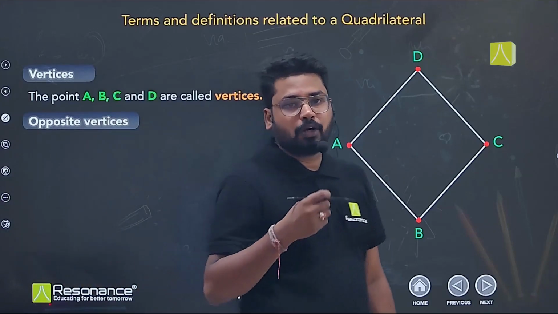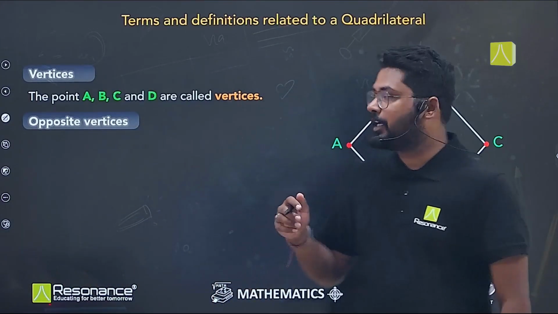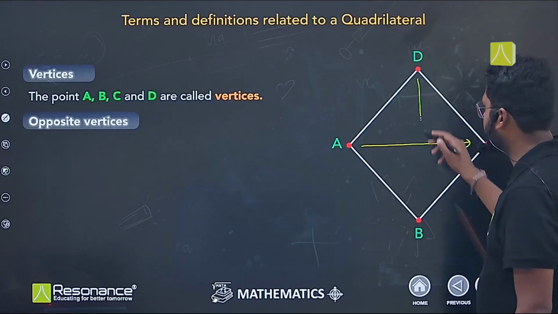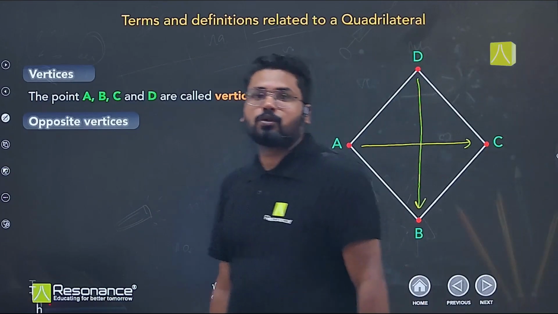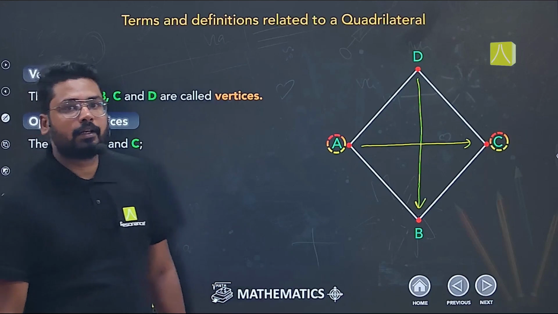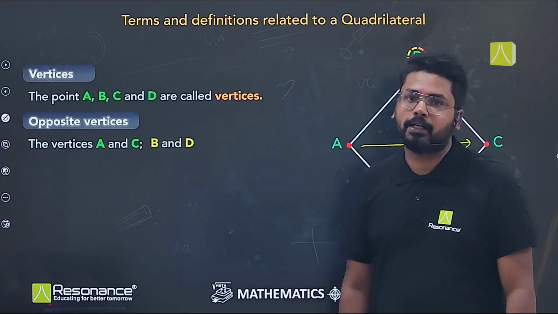Opposite means in front of the point, not left or right. In front of A we have point C. Similarly, in front of B we have point D. So A and C are opposite vertices, and similarly B and D are opposite vertices for a quadrilateral.